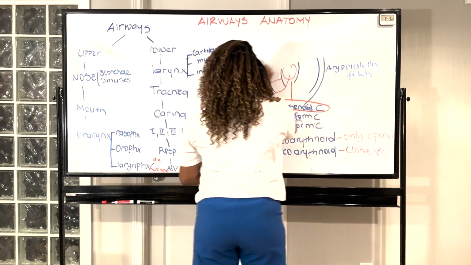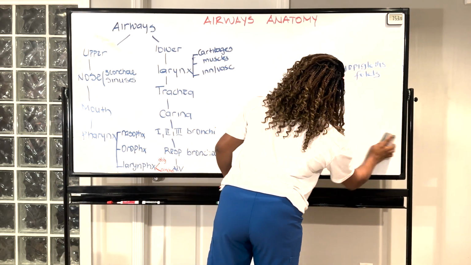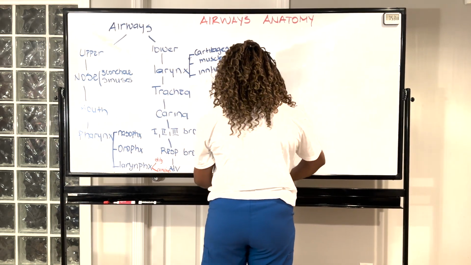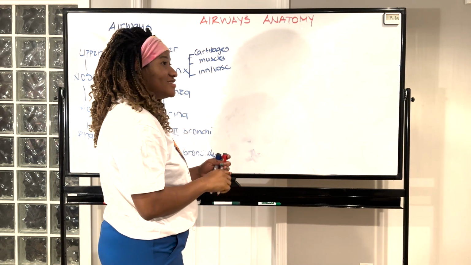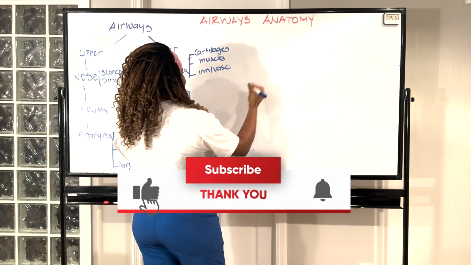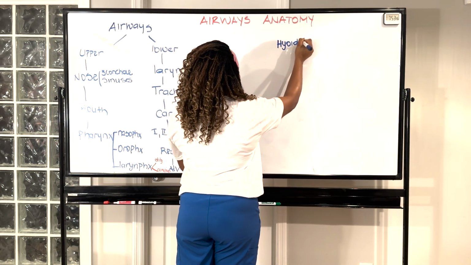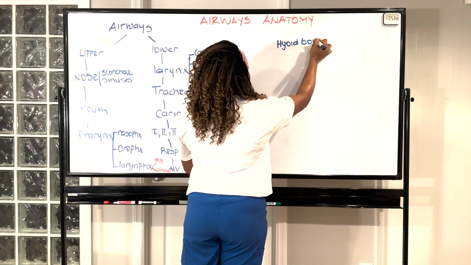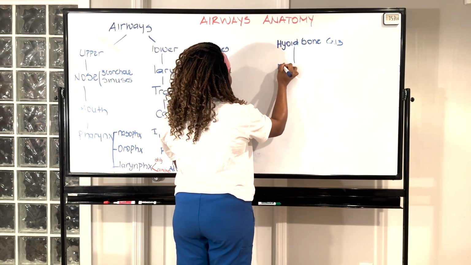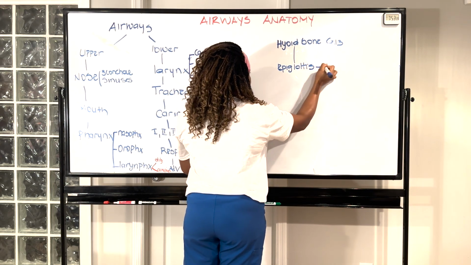I'm going to wipe this down. So the larynx has 9 cartilages. Remember, the larynx starts with your hyoid bone here, at C2, C3. If you come down, you have your epiglottis at C4.